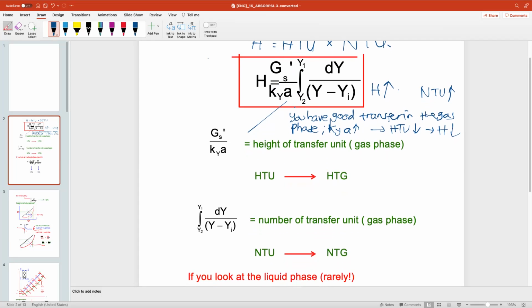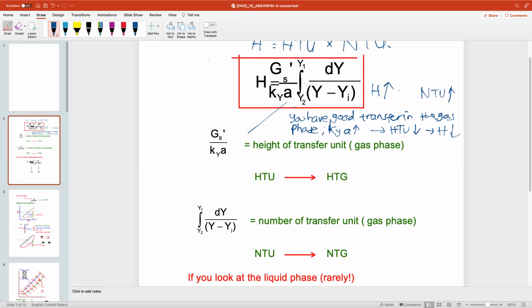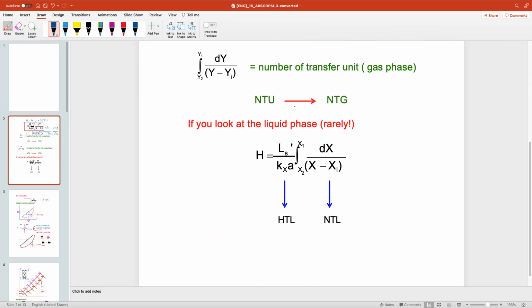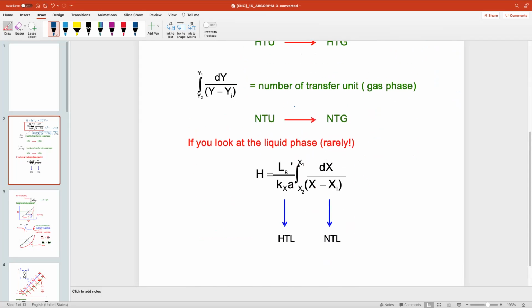So that is the formula for the height, and you can also write it for the liquid phase. In the absorber column, that means you need to check your liquid in and the liquid out, get samples, put them into an analyzer in the lab, and then check the composition.